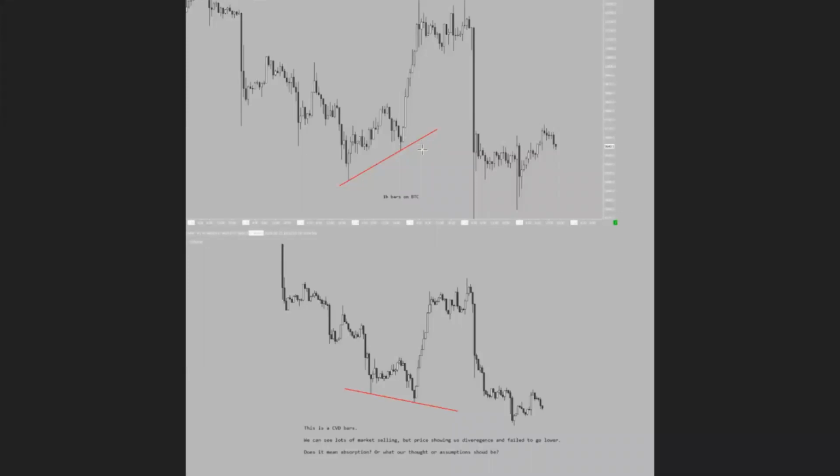Price failed to make a lower low, even though over the course of this whole area, there was more market selling than buying. To me that says that the limit order book here is strong on the bid side, because you've got more market selling than buying, and yet price isn't moving lower.